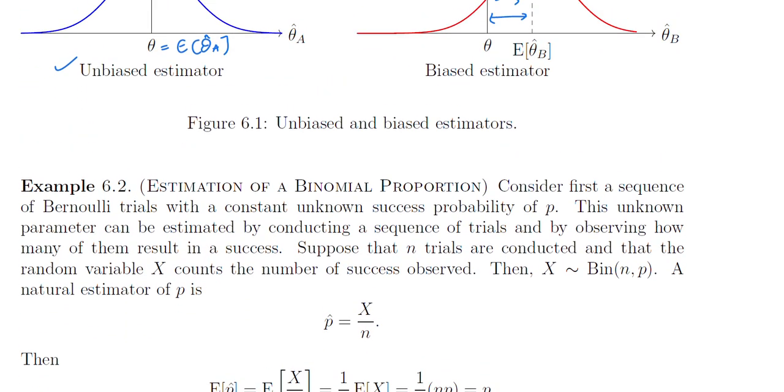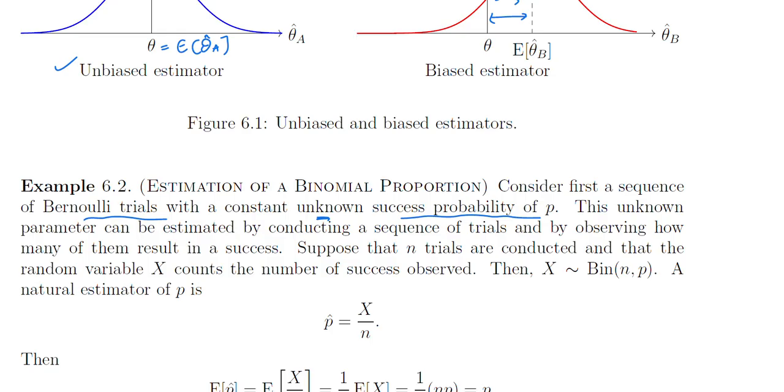Okay, here we have another example. It's about the binomial proportion. Estimate of a binomial proportion, or the Bernoulli trial proportion. Consider a sequence of Bernoulli trials with a constant unknown success rate. We know that a Bernoulli trial, which gives a success or failure, has a success probability, and somehow it is unknown.